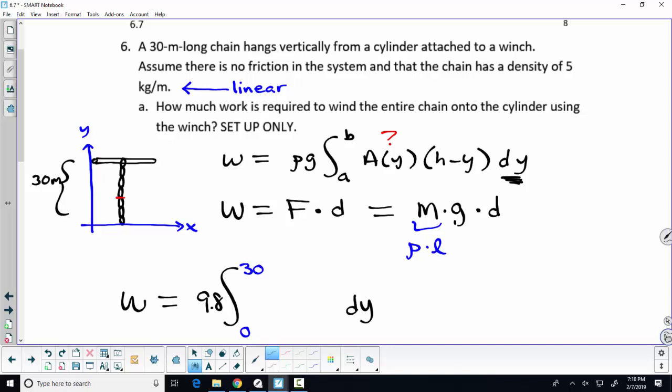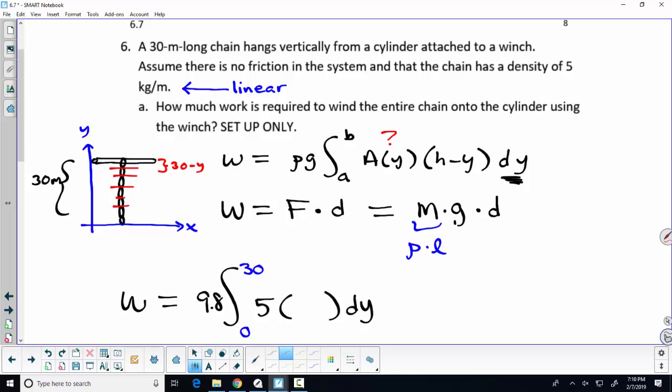30, density. So what should go there? Just the 30 or something else? Yeah, good. Because all of those have some height. That height that each rectangle is at is varying in that chain, right? So this distance from here to here is 30 minus y.